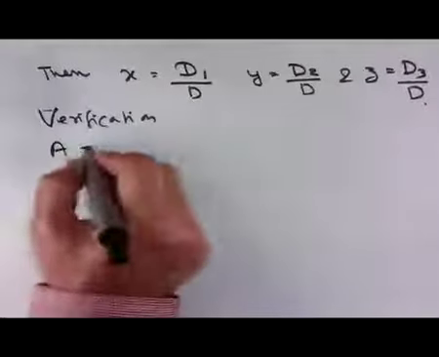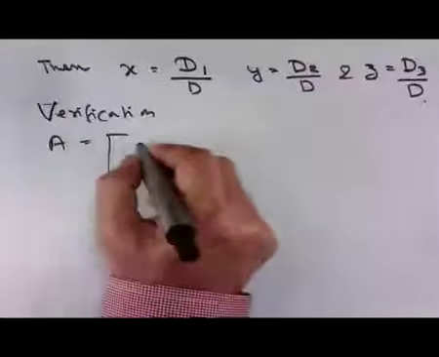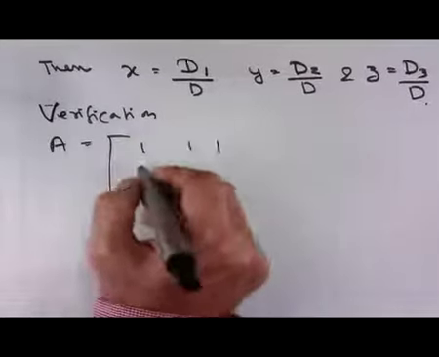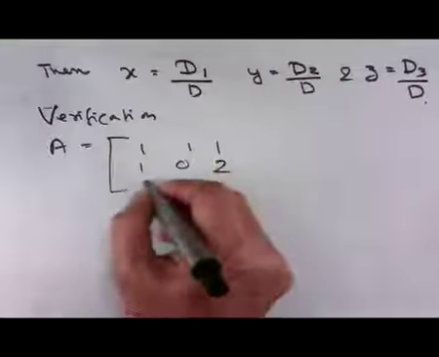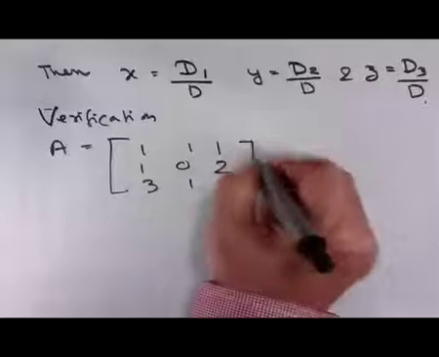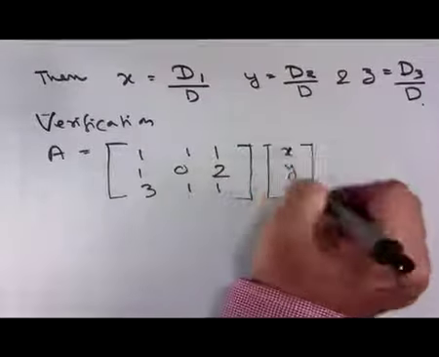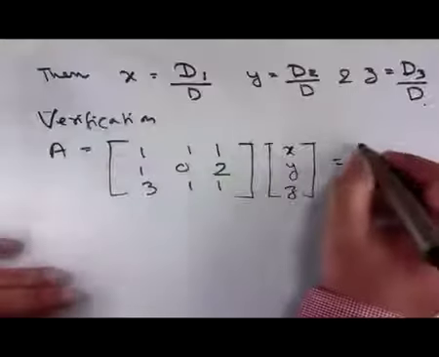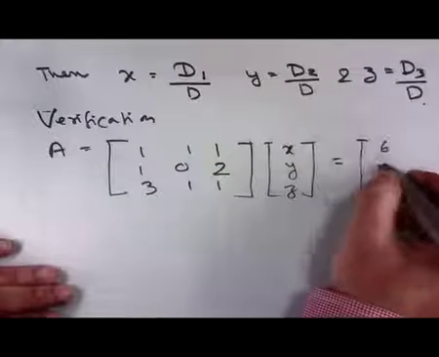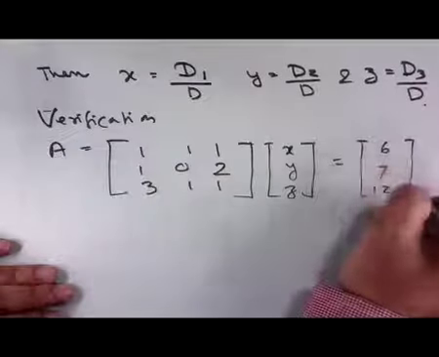A into x y z, where A is 1 1 1, 1 0 2, 3 1 1, is equal to 6 7 12.